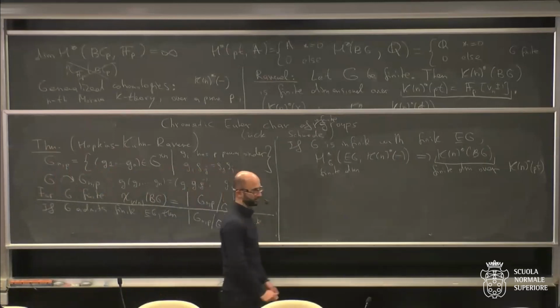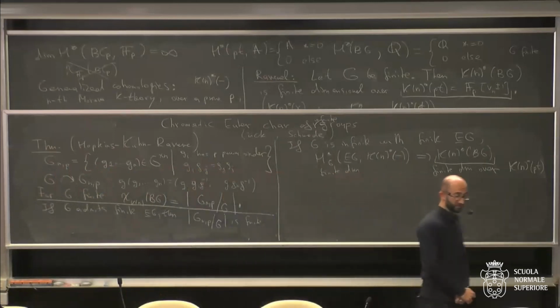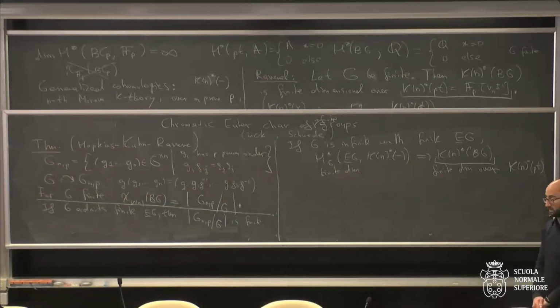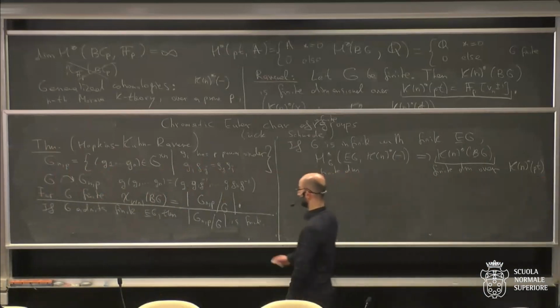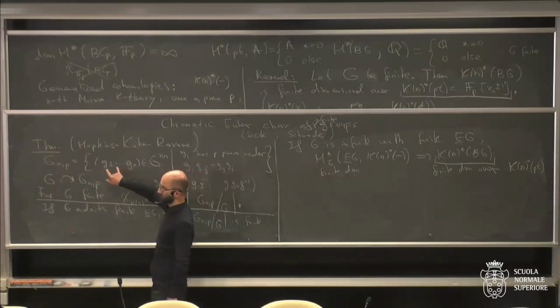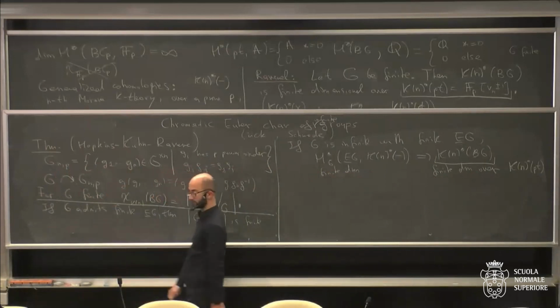Why is that? It's a well-known fact that if you have finite E under bar G, then you have finitely many conjugacy classes of finite subgroups in your group G. That's a restrictive finiteness condition. So in particular, this set of tuples, of course, is not finite, but the quotient is finite.